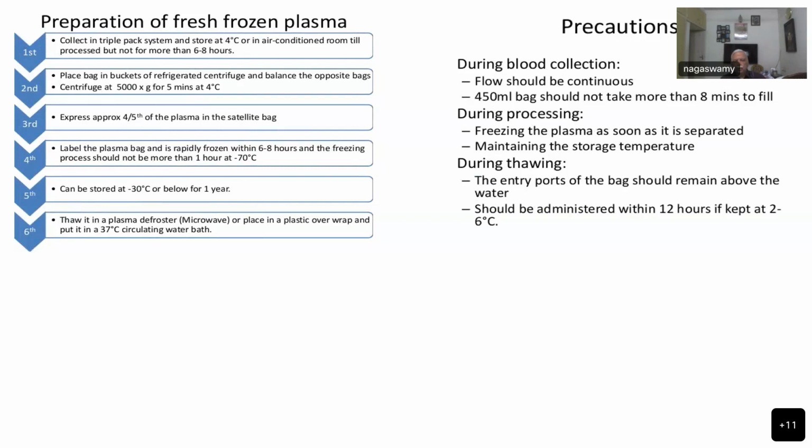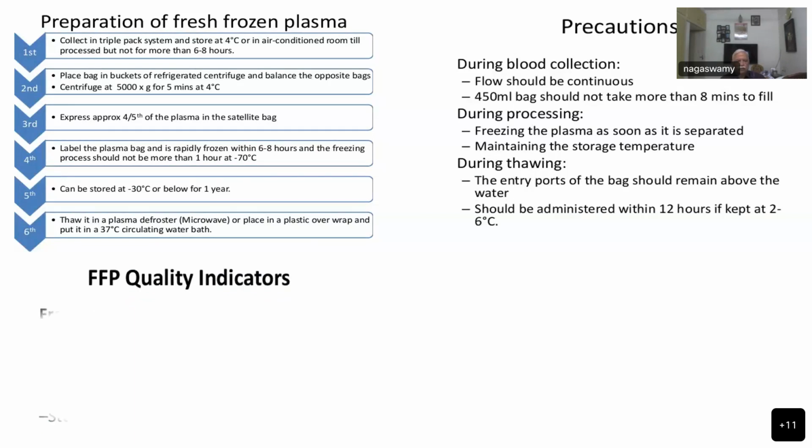Maximum you have to take only 450 ml. And during the process, freeze the plasma as soon as possible, maintaining storage temperature. But after freezing, when you want to reuse it, you thaw it, and every port of the bag should remain above the water, and within 12 hours it should be kept at 2 to 3 degrees.